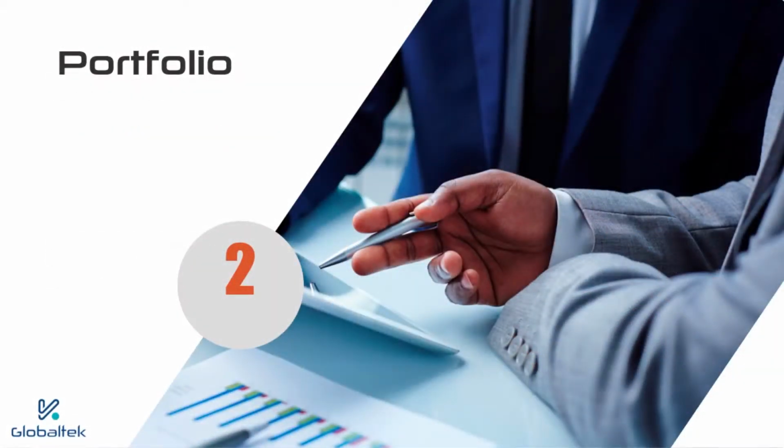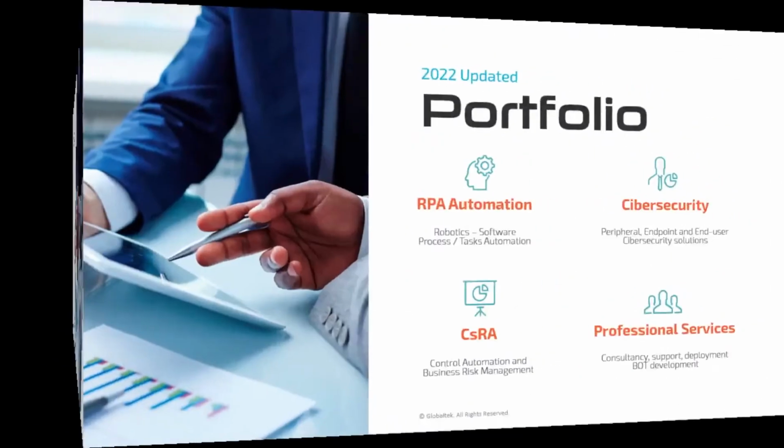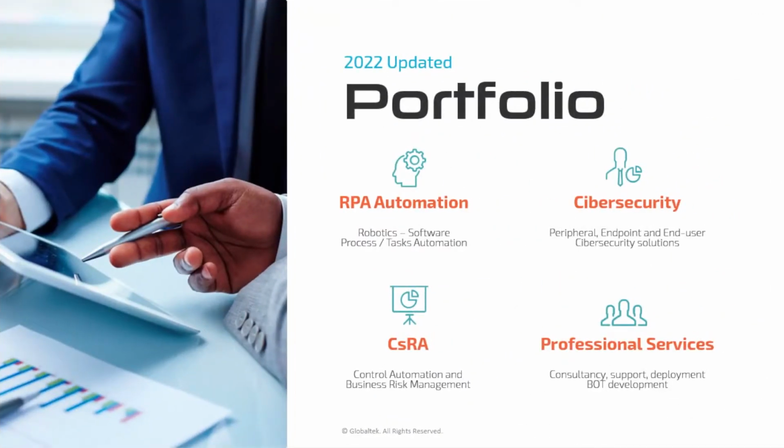Okay, second topic, our portfolio. Our portfolio comprises four main topics. First of all, RPA automation, which stands for Robotic Process Automation, on which we work with robotics, software robots, to improve the efficiency of the process and to perform task automation.